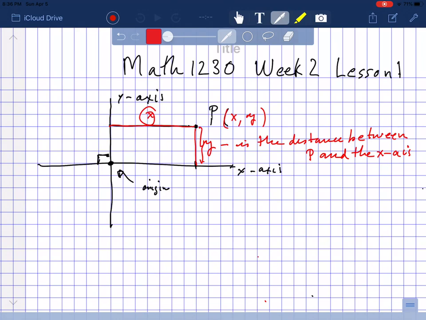And then we write down the ordered pair where the x value goes first, and then the y value, and that gives us the location of the point P. These are called the Cartesian coordinates. So x comma y in this case, these are the Cartesian coordinates of the point P.